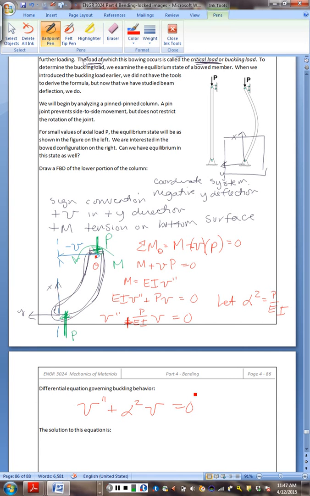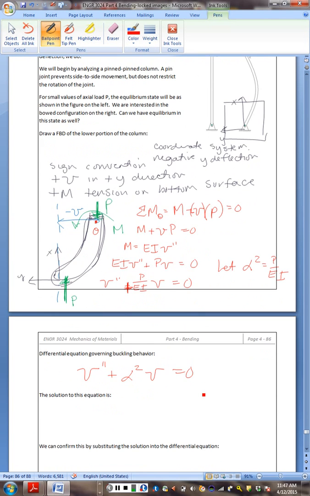A very standard second order homogeneous differential equation, the solution to which is always just sines and cosines.